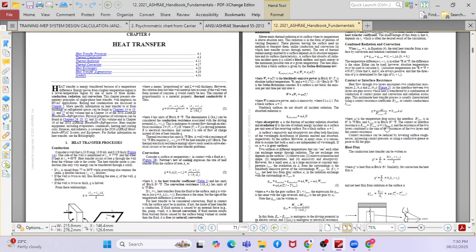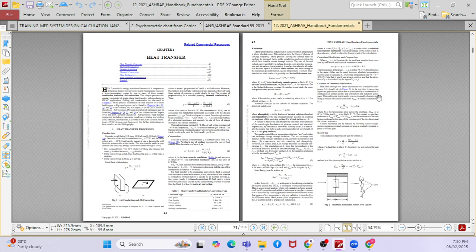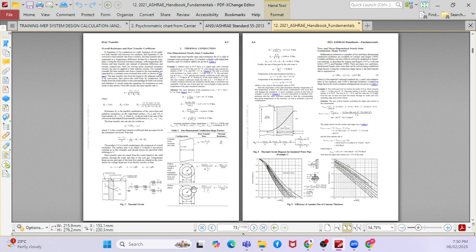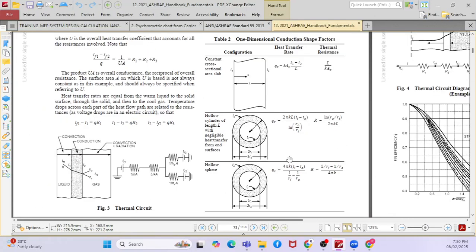And for example, when we have heat flux and interface resistance, these are the heat transfer equations for the envelope. For example, when we have a pipe, how do we calculate the insulation thickness based on heat transfer?